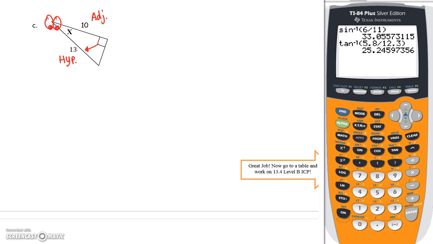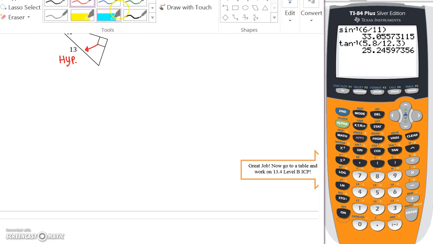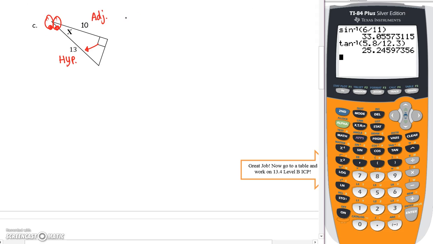And now the question becomes, which trig function has adjacent and hypotenuse? Well, we know that cosine has adjacent and hypotenuse, so we're going to write cosine of x, which is where we're looking at it from, equals adjacent side, which is 10, divided by the hypotenuse side, which is 13.